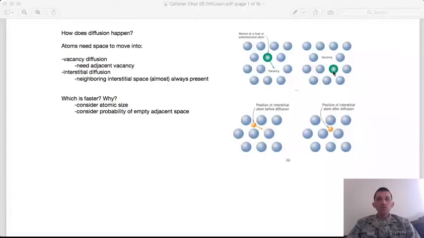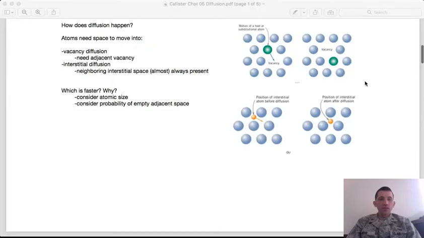And then you need a second process where, once the vacancy is formed, there's an activation energy required to push apart these adjacent atoms. In this figure, it doesn't really look like they need to be pushed apart, but in general, they're going to be touching. So you need to push these apart to move into that vacancy. So there's a two-step process with two separate activation energies, and this vacancy is required.